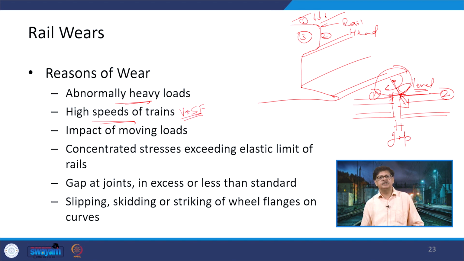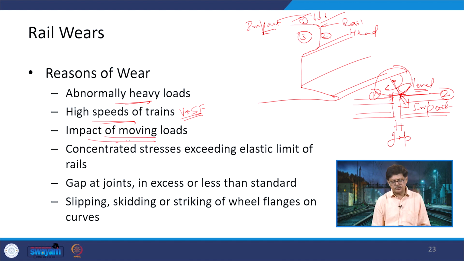So, there is an augmentation of that effect, and because of this augmented condition, the impact which will be there at any of the locations, maybe at the top of the rail head, or maybe the impact on the side of the rail head because of the movement of the wheel and the flanges, this may be higher, and therefore, there is a possibility that in any such situation the wear may start occurring.